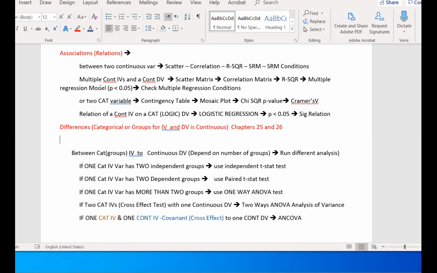So look, when you have a group variable like size, I want to see if size of a company is having any kind of effect. That's the question. Does size of company affect, for example, profit?